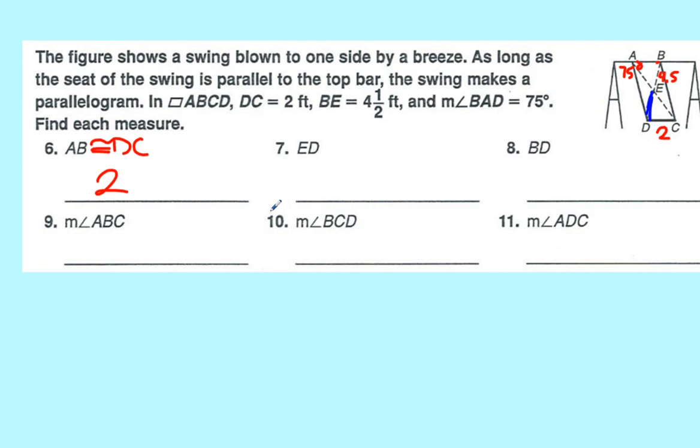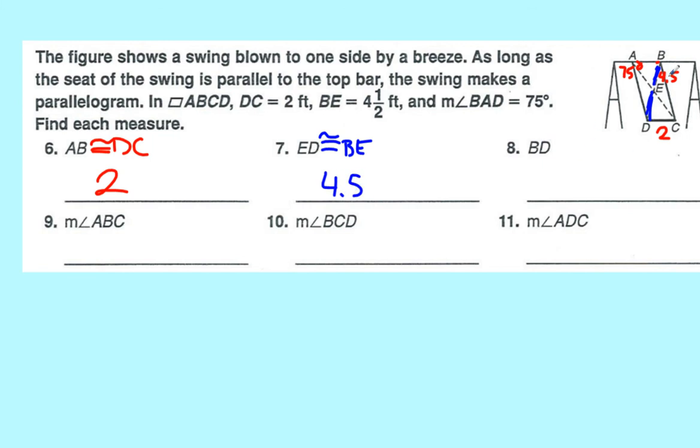Well, if we look at our other properties of parallelograms, we know that the diagonals bisect each other. So if one side is 4.5, then the other side is also 4.5. Or we can say ED is congruent to BE. So that's going to be 4.5.